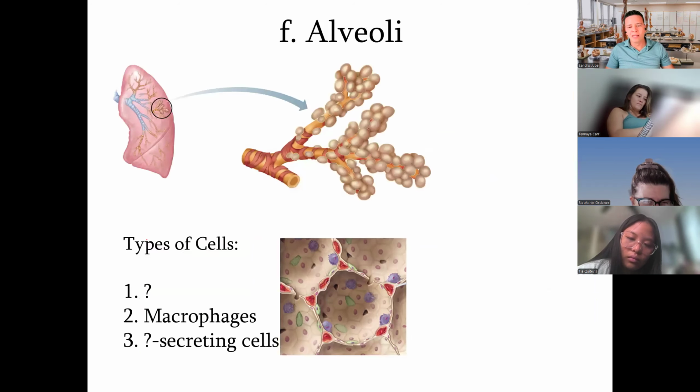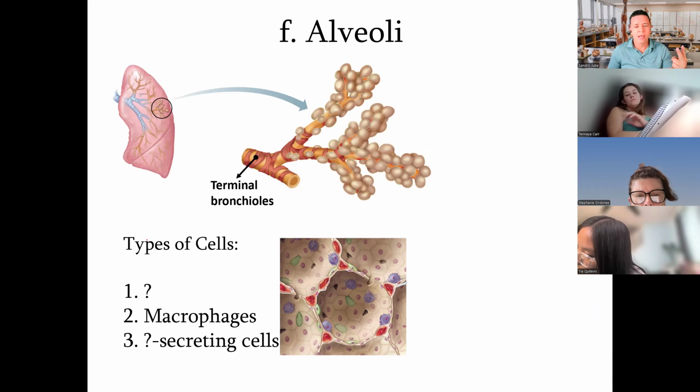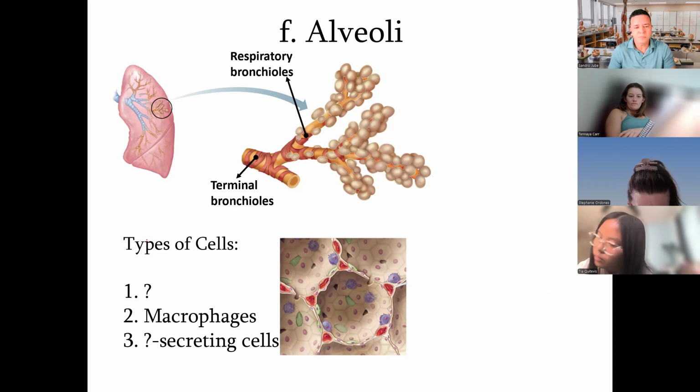All right, so now let's dive deep inside of our lungs and take a look at the alveoli. But before we get to talk about the alveoli, let's take a closer look at the bronchioles. And remember, we have 2 different types of bronchioles. We have the terminal bronchioles and we have the respiratory bronchioles.